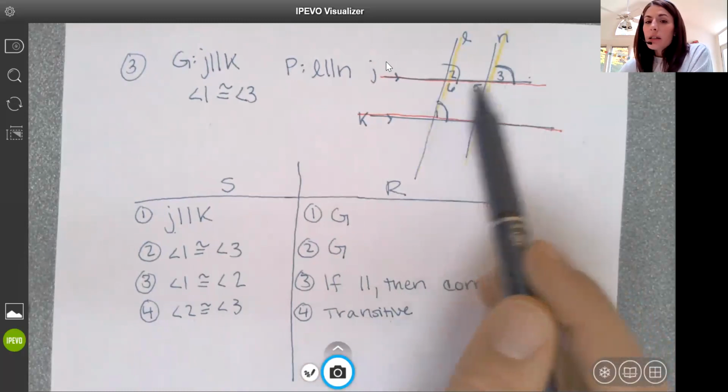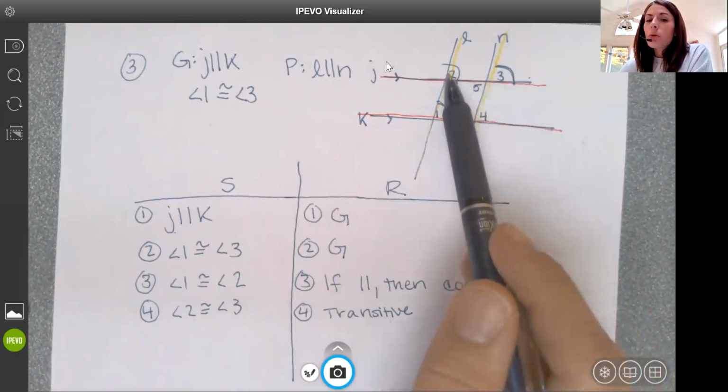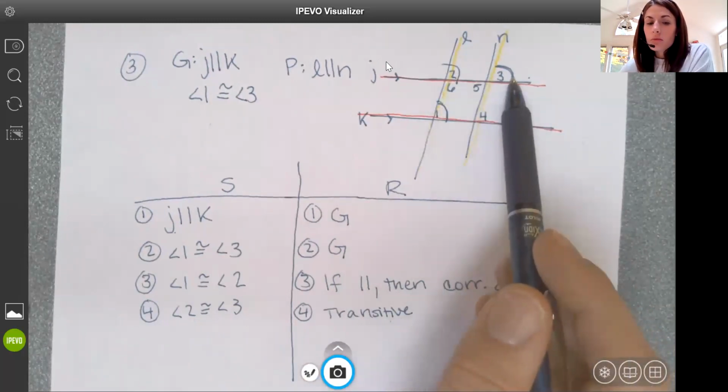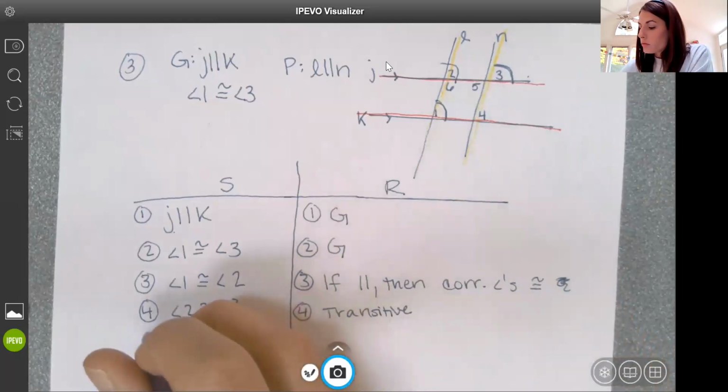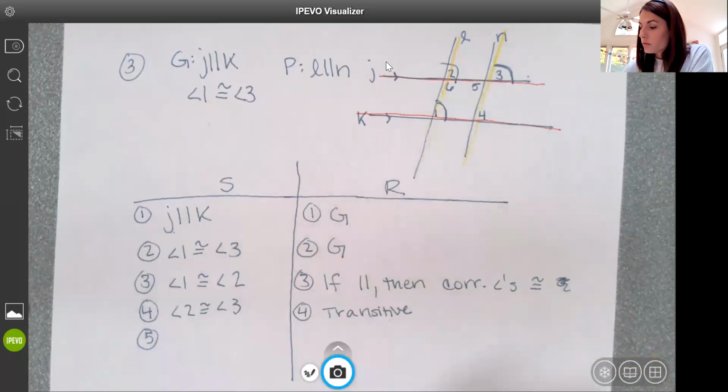Now, the reason we want to say 2 and 3 is because 2 and 3 are what type of angles? They are congruent. And in terms of my angle, is it alternate interior, exterior, or corresponding?